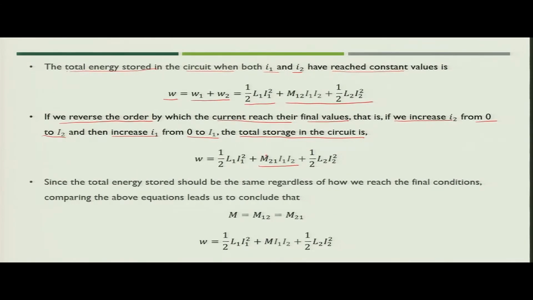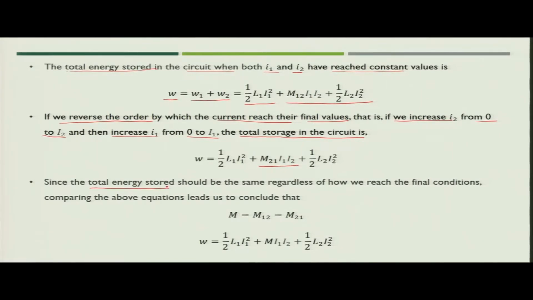In this case the mutual inductance is M21 because the current increasing first in the circuit is I2, so the mutual inductance is because of I1. So you get the mutual term in the second coil as M21 I1 I2.